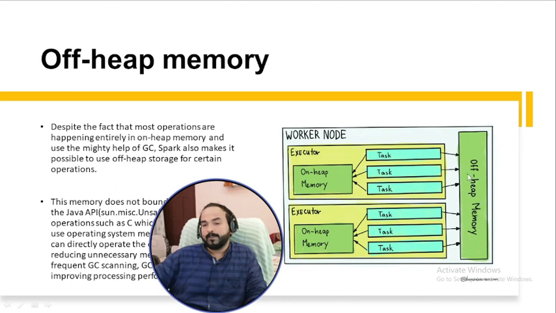It is an additional feature of Spark: whenever you are running a job and getting out of memory issues, you can start using off-heap memory in parallel. If you have enabled this property and set the memory for it, it will throw your data or task onto this off-heap memory.